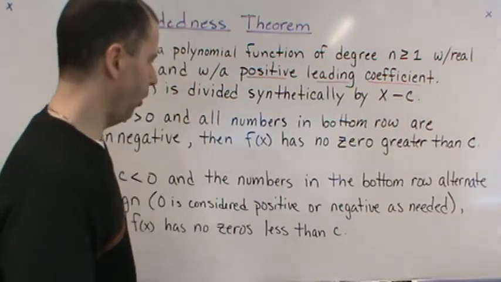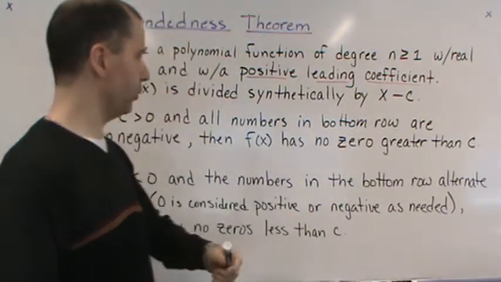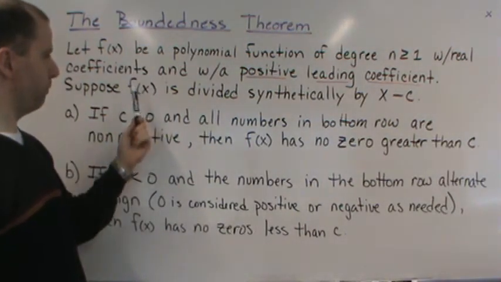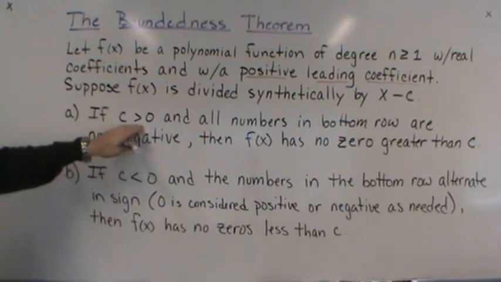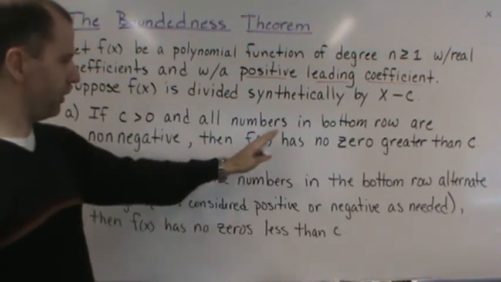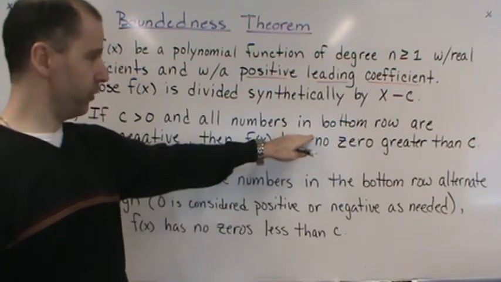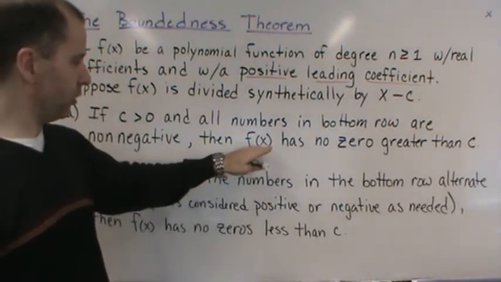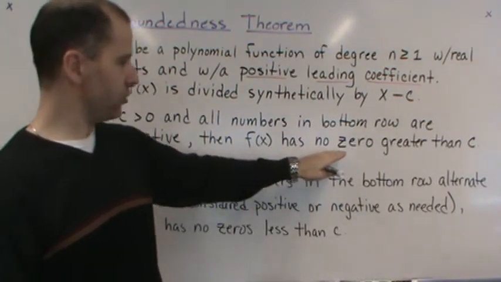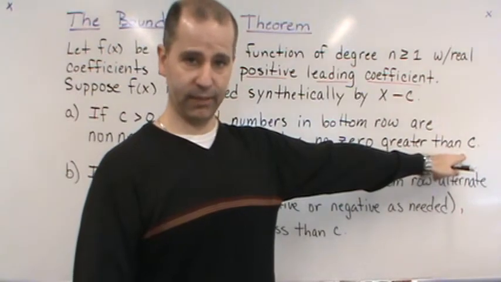So if we do the synthetic division with the c value and the polynomial f of x, A says if c is positive, and all the numbers in the very bottom row when we do our synthetic division are non-negative, then our conclusion is that f has no zeros greater than that c value.